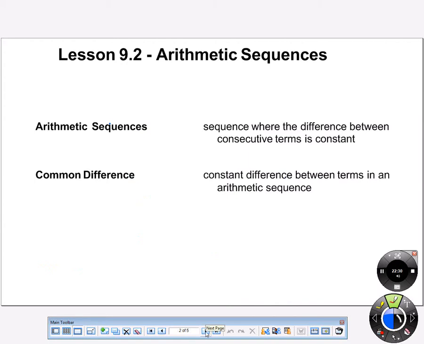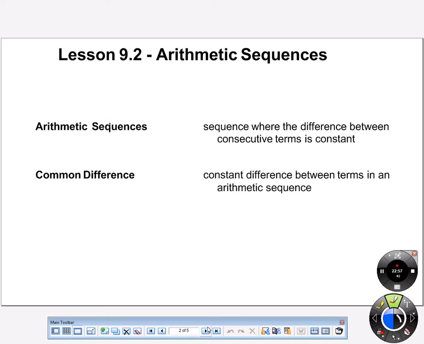So you see the words there, arithmetic sequence and common difference. So arithmetic sequence is what we just talked about. It's a sequence where the difference between consecutive terms, so things right next to each other, is constant. So if it's changing 2 here, it's changing to the next one, the next one, the next one. Okay? The common difference is the actual value of that change. If it's going up by 2, we call it plus 2.